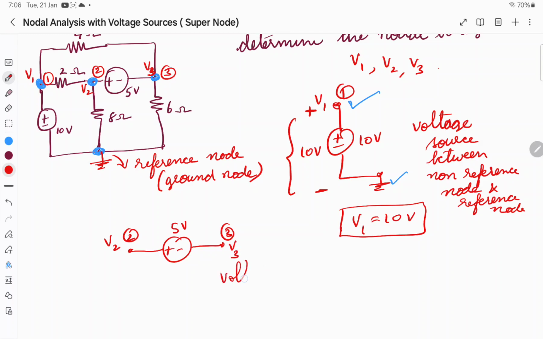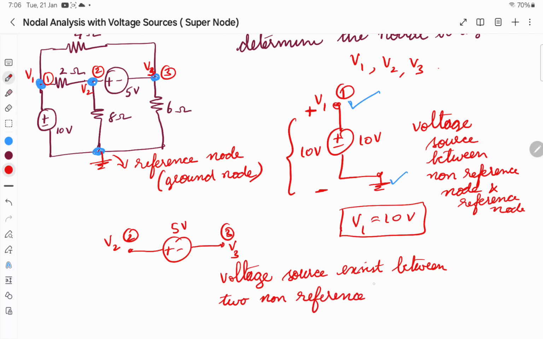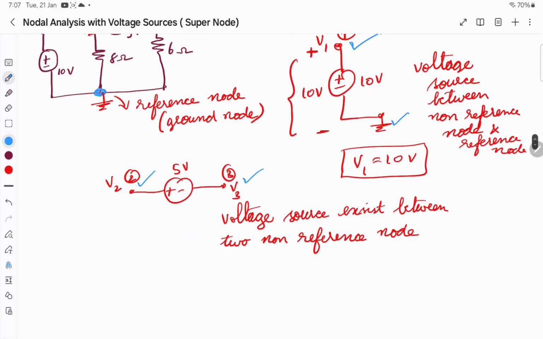In this case, the voltage source exists between two non-reference nodes. This is a non-reference node, this is another non-reference node. In such cases, we have to use a concept called super node.